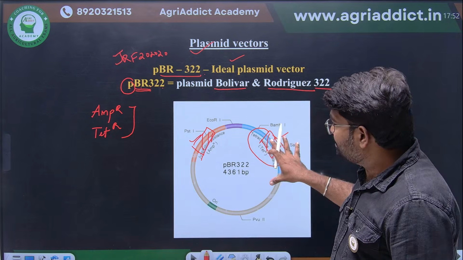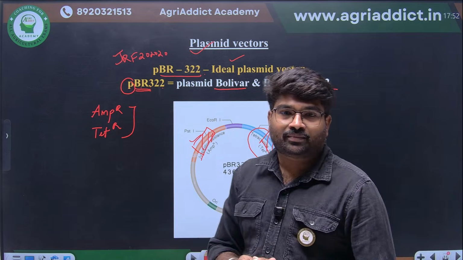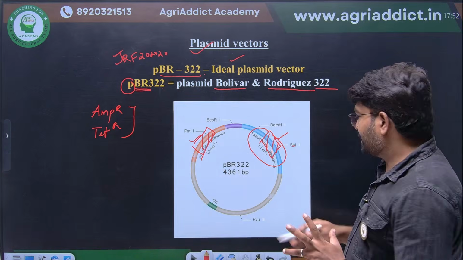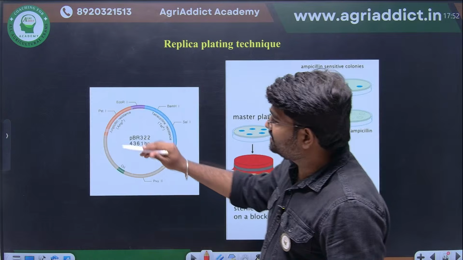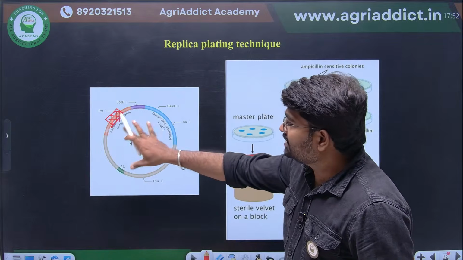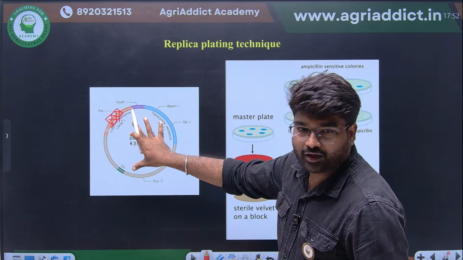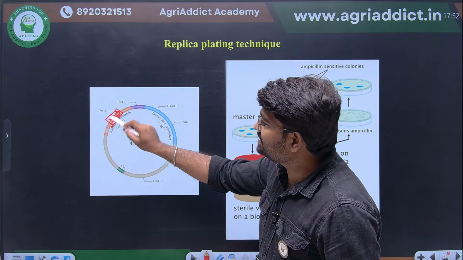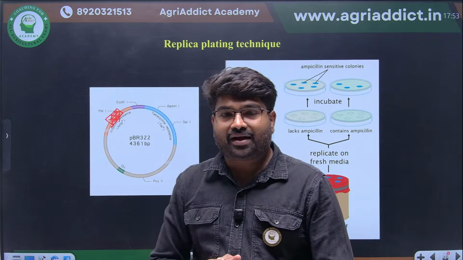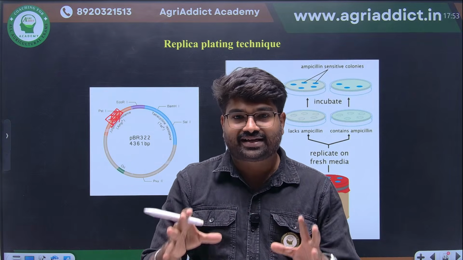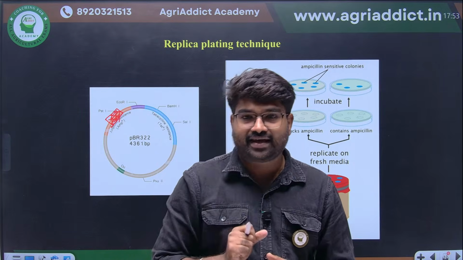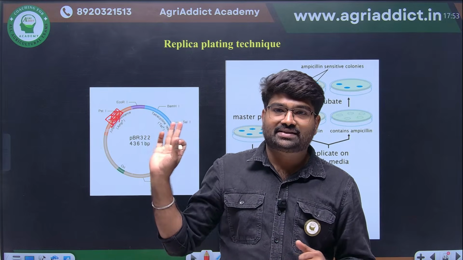Based on this, they select whichever colony has our gene of interest. This is the selection procedure. If my gene of interest is inserted in the ampicillin resistance gene region, the E. coli carrying that plasmid will lack resistance to ampicillin. So I can use the replica plate technique and select the clones that have my gene of interest. We have clearly discussed this in our lecture series.